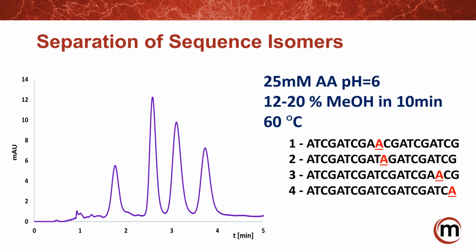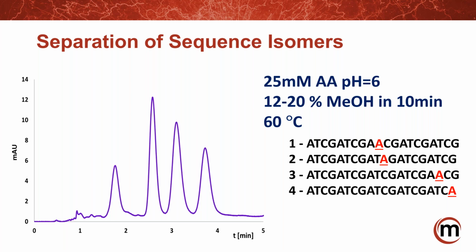Similar thing here, separation of the sequence isomers. Again, now full resolution, and these are just different ones, but you can see baseline separation of all four here. Again, that 25 millimolar ammonium acetate was what we used for the LC-UV side, but I think from an LC-MS perspective, 10, 12.5, 15 millimolar would be fine.